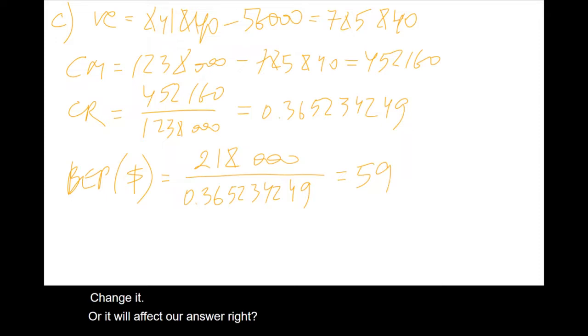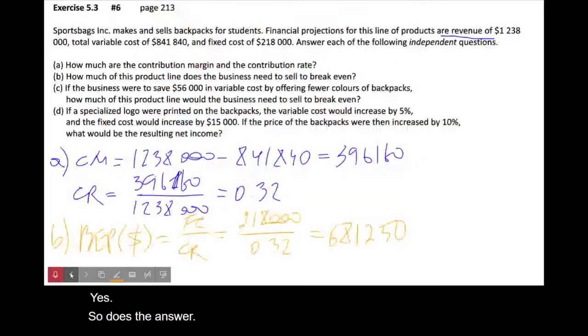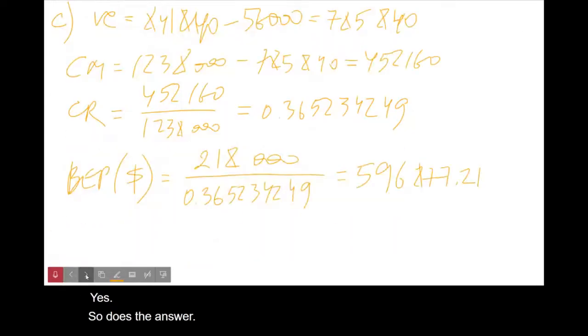We don't have another formula here. Oh, okay, my bad. That's the no units case. Yes, there is no alternative formula, only if there is units. So that's the answer.